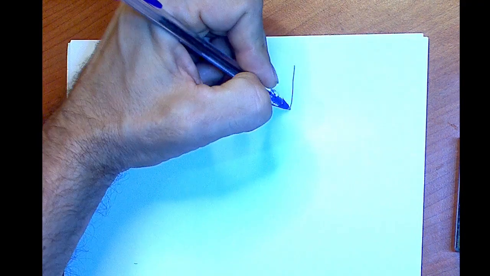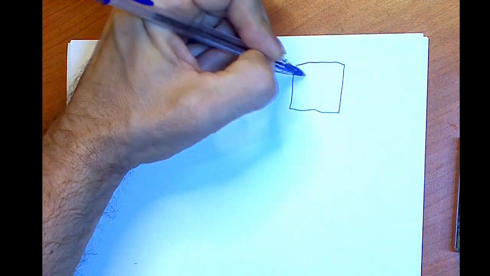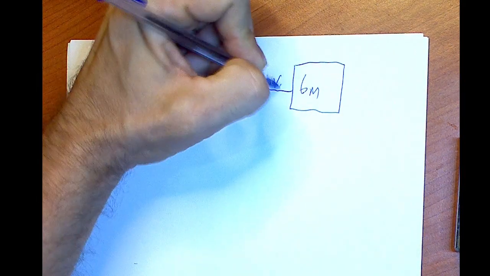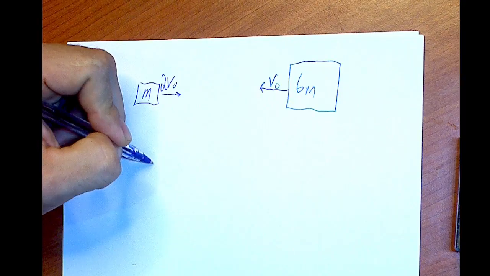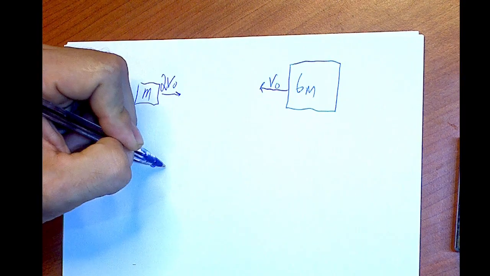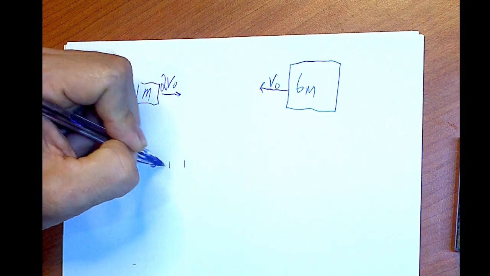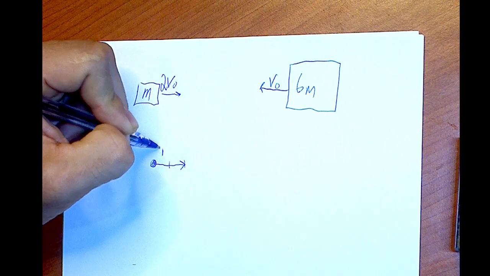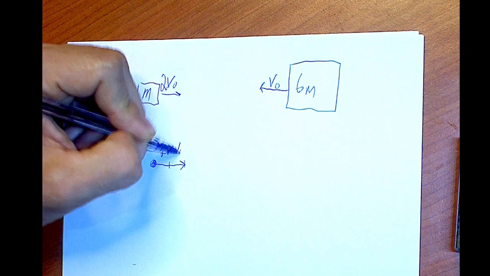So we have a block of mass m going in the positive direction with velocity of 2v0, and we have a block of 6m going in the negative direction with a velocity of v0. The momentum of block 1, if we're going to say that it's 2 blocks in the positive direction, would be 2mv naught.